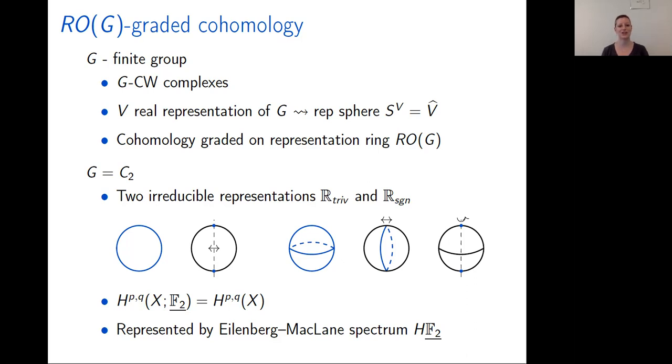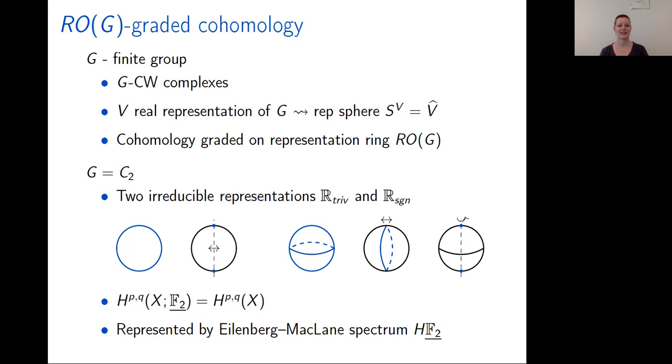So we write H^{p,q} of a C2 space X, where p is the dimension and q is the number of sign representations. And if we work in the equivariant analog of coefficients with the field F2, then we get an ordinary equivariant cohomology theory, and it's represented by a genuine equivariant Eilenberg-MacLane spectrum, HF2.